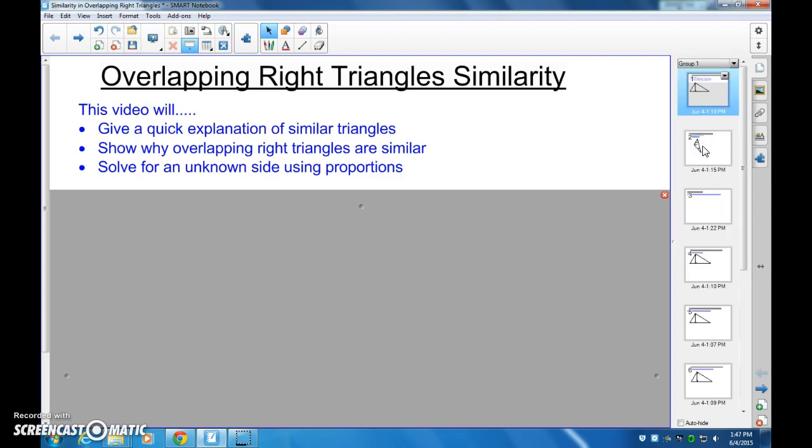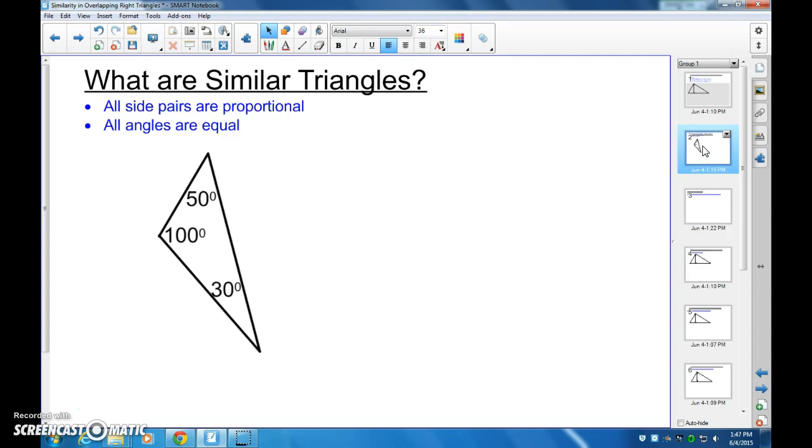So, what is similar triangles? The key is all side pairs are proportional and all angles are equal. And when I say all angles, that does not mean each one has to be 60. It means each angle pair needs to be paired up. So 50, 130, that's 180. That's a triangle.